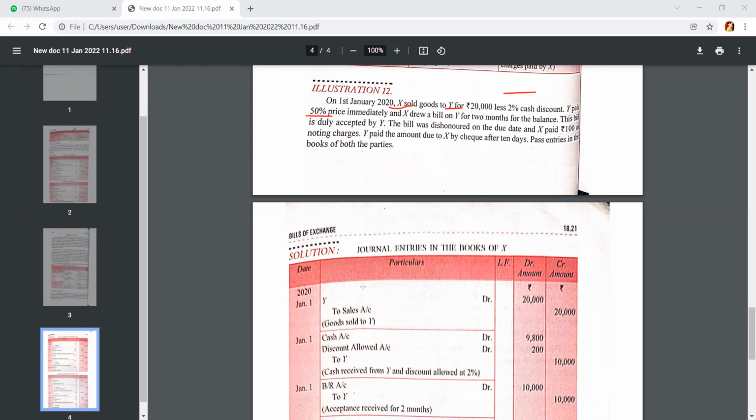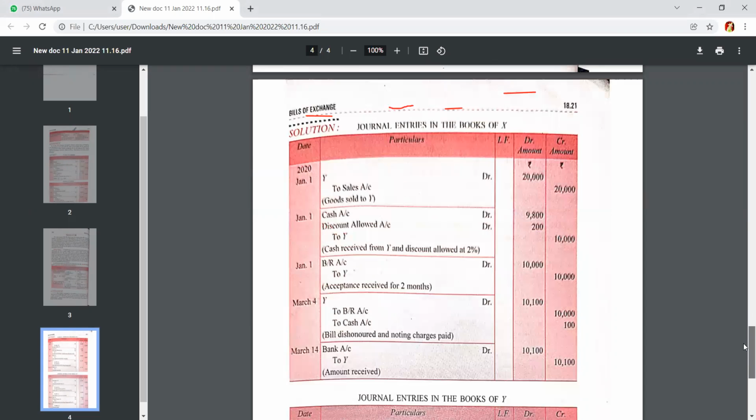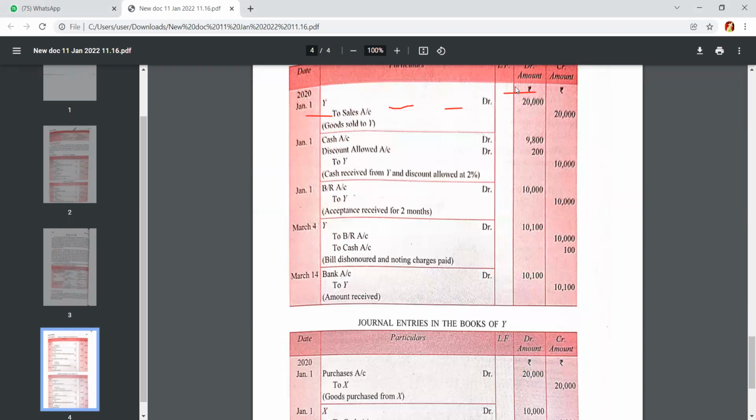First of all, the goods are sold. See, when the goods are sold, what will be the entry in the books of drawer? Drawer means X. In the books of X, the entry will be Y to sales. The entry will become Y to sales. It is of 20,000. Now cash discount is there, so it is to be shown rupees 200.